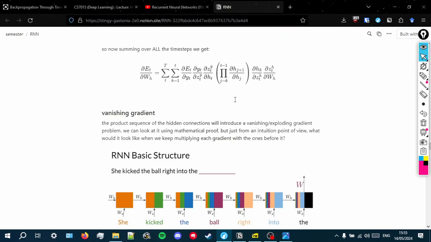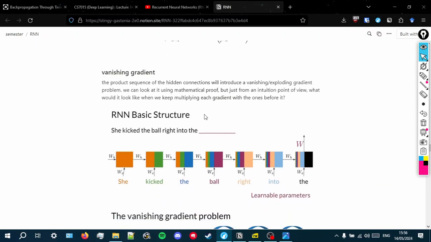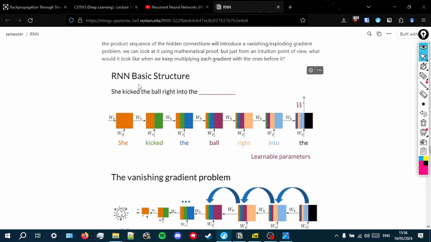This problem exists in all neural networks, but it is very apparent in RNNs because of how deep they can get with the unfolding. If we look at this example here, going through the forward propagation first, we have an input sequence of words in the sentence: She kicked the ball right into the blank.